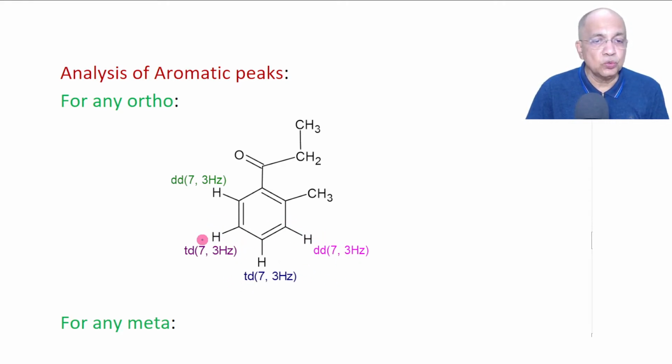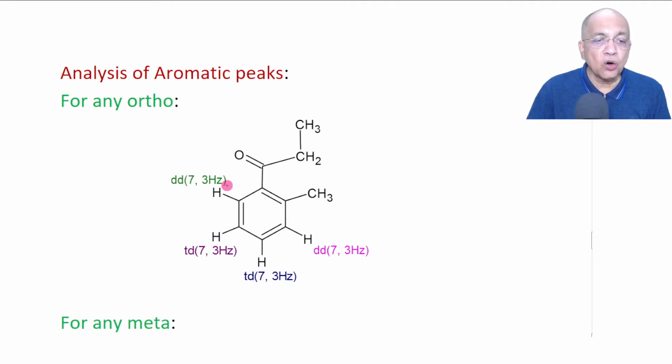J3, there are two J3 on either side of this. So there will be a triplet and there will be a J4 here. So this will be a triplet of doublet, TD. TD, first T, then D. This will be a triplet with a bigger coupling constant 7, and then J4 coupling small, it will be a doublet, so TD.